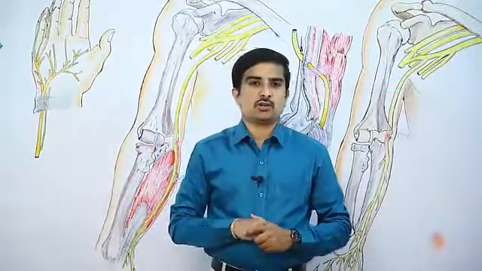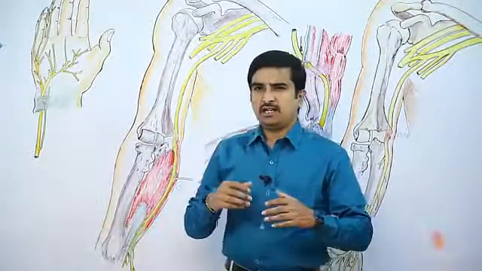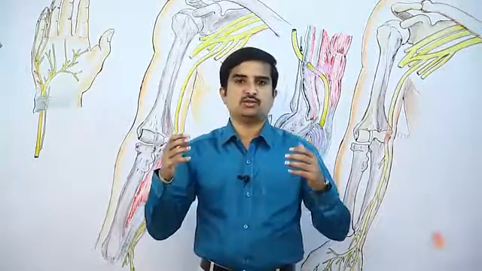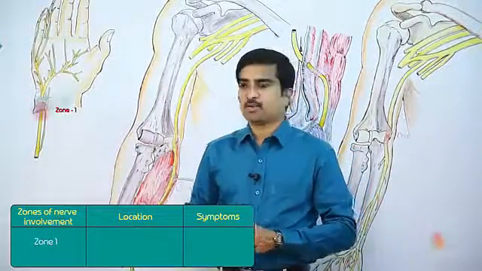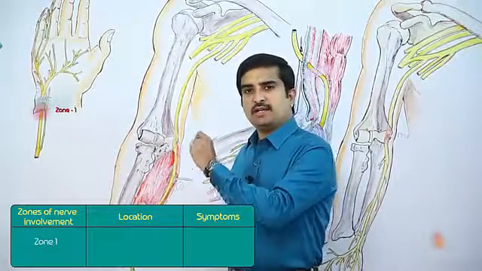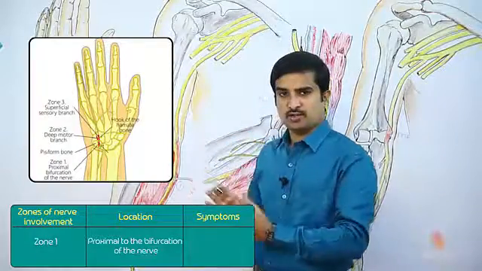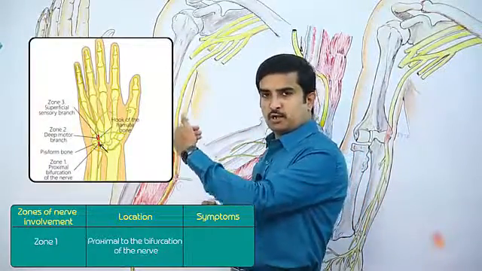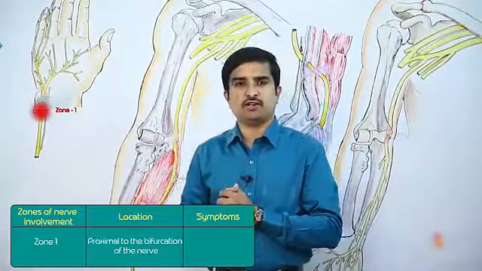So now let us talk about the classification of the injury in the Guyon's canal. Depending upon the clinical presentation, the ulnar nerve injury in the Guyon's canal or ulnar tunnel has been divided into 3 zones. One is zone 1. As you can see in this picture, in zone 1 the injury is proximal to the bifurcation of the nerve.